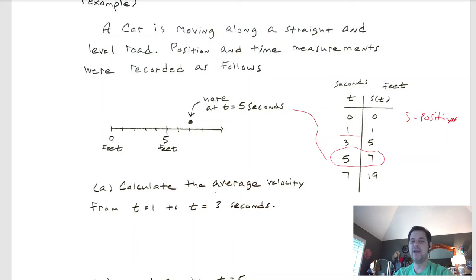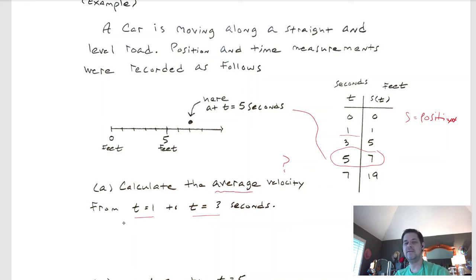Now, the word average, that's within the lesson because those other problems were to calculate the average rate of change. But velocity, that's not a word that we've come across yet. So let's not worry about that just yet. Okay, so average, and then it says from, and I'm given a smaller number over to a bigger number. Besides the word velocity, it seems to fit in the lesson.